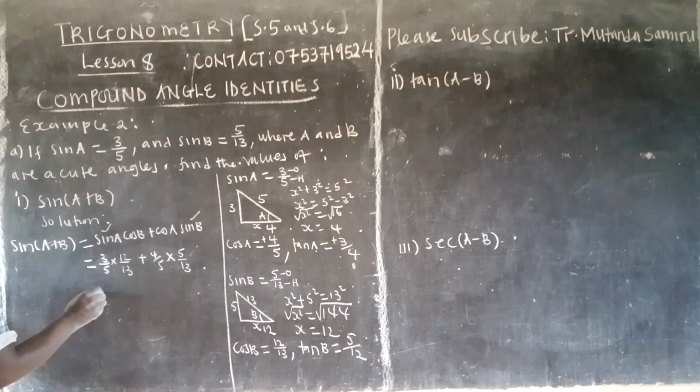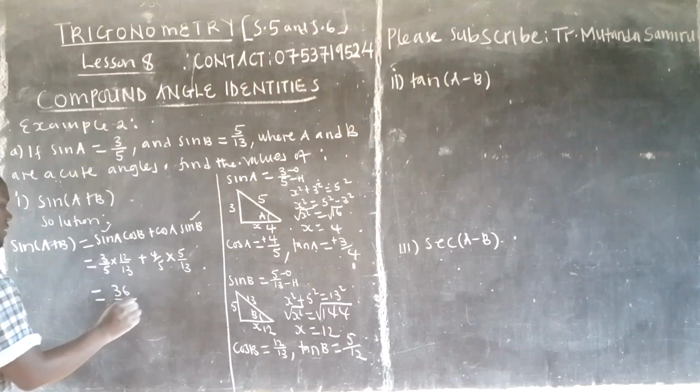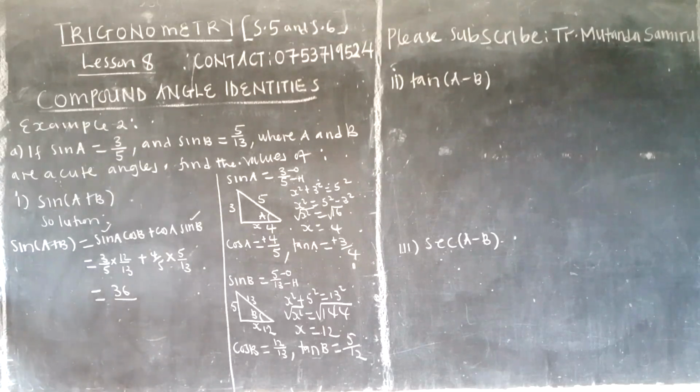That's what we're having. And now go about simplifying. This time, this will give us 36 over 13 times 5.